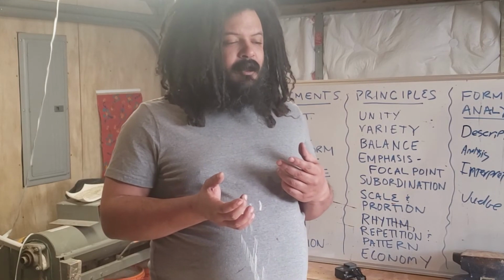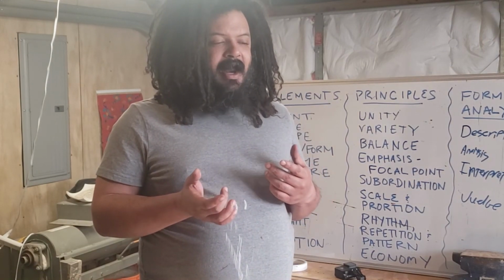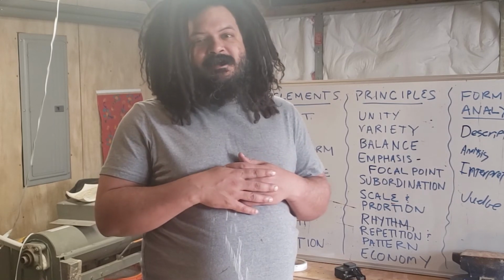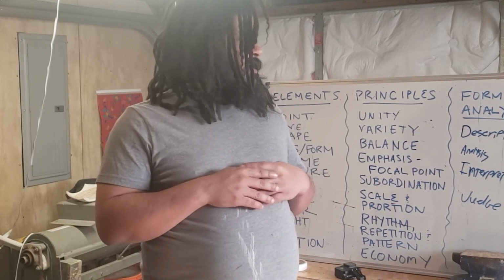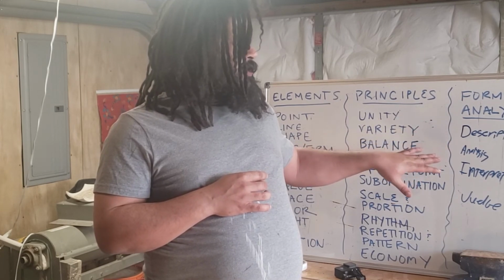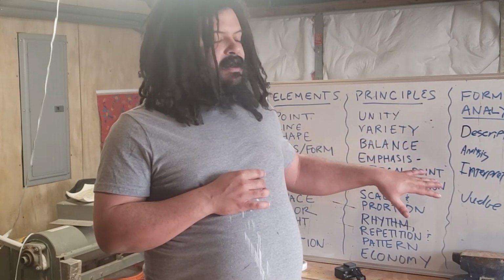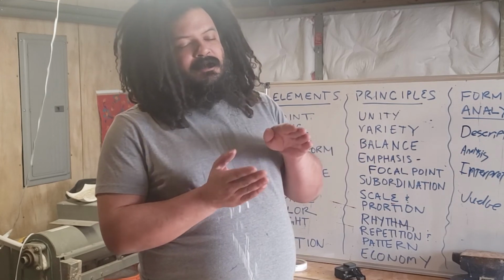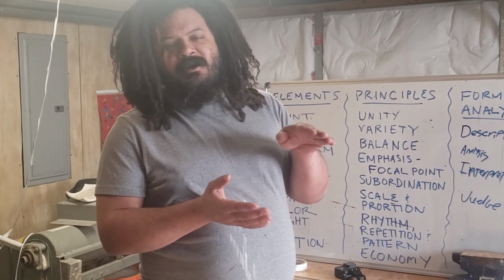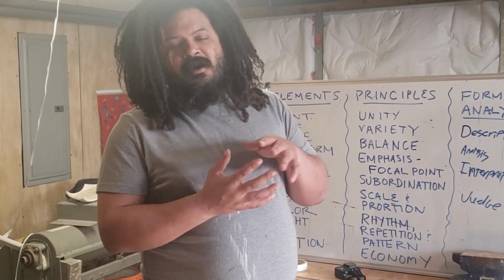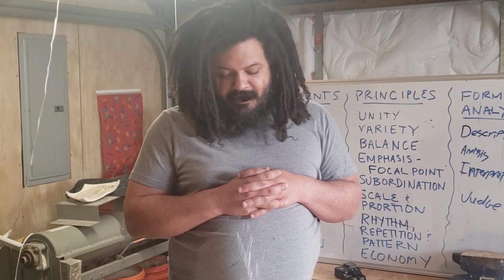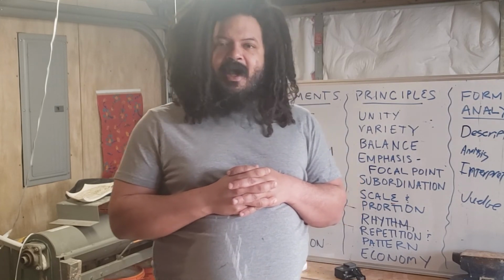But we're going to have a rough draft of the paper due of a formal analysis, which is going to be these four components: description, analysis, interpretation, and judgment, spelled out on a piece of art in your community somewhere, most likely. And we'll talk about where you're going to be finding these pieces of art.